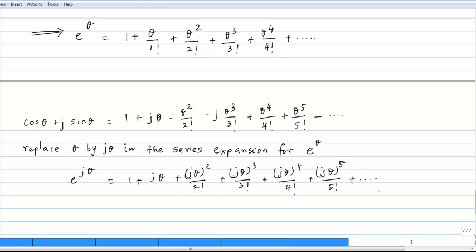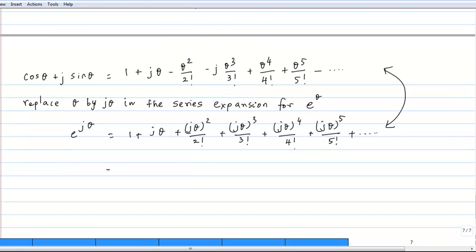Now let's compare these two expressions, and we want to see that they are essentially the same. We can see that by noticing that each of the terms match up.